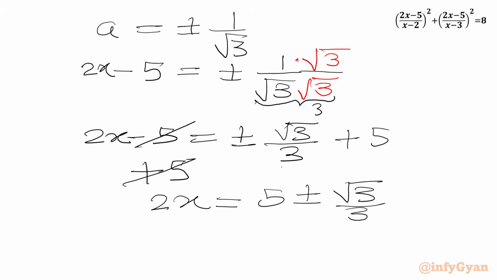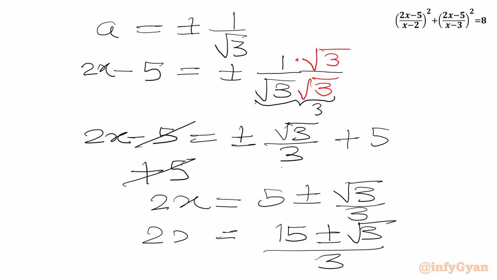We'll take LCM in right hand side. So we will get 15 plus minus square root 3 over 3. This is equal to 2x. So we have to divide by 2 to get our real solutions, both sides.